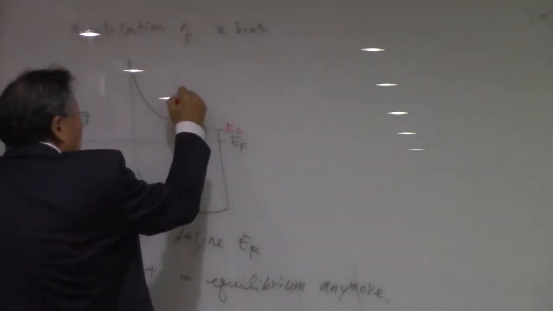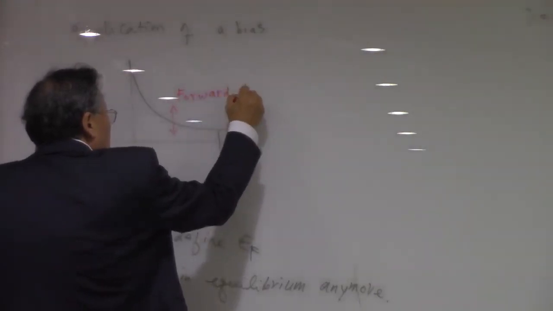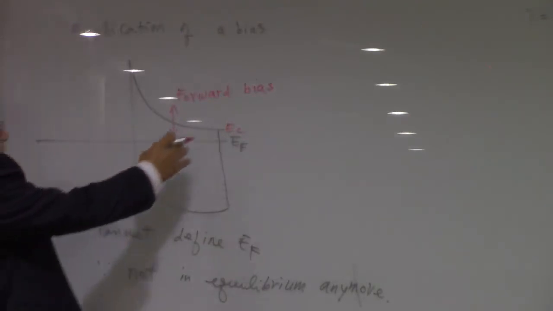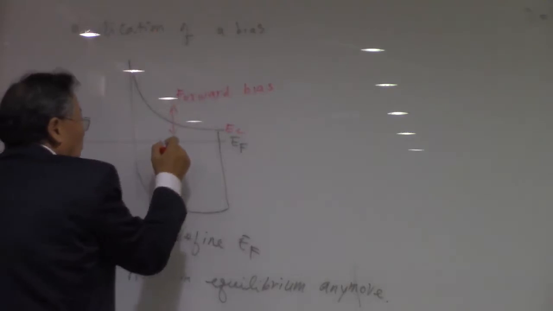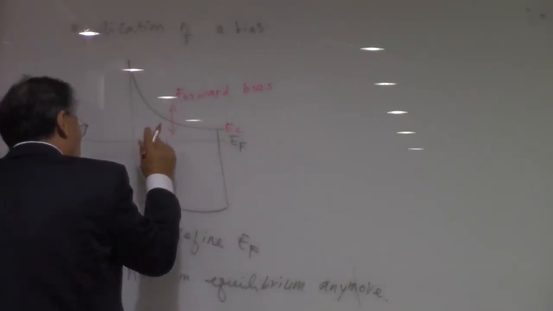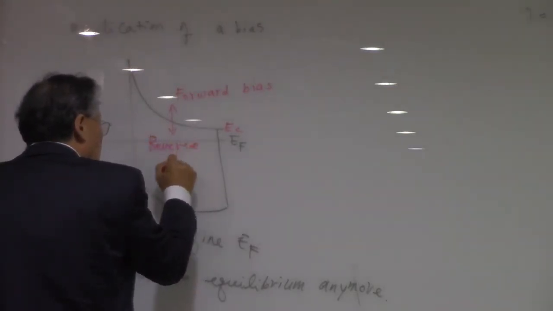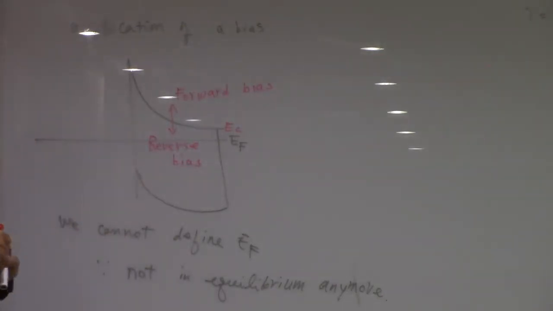So if you apply forward bias, then this conduction band is going to move upwards, okay? And if you apply reverse bias, then this conduction band is going to go downwards.